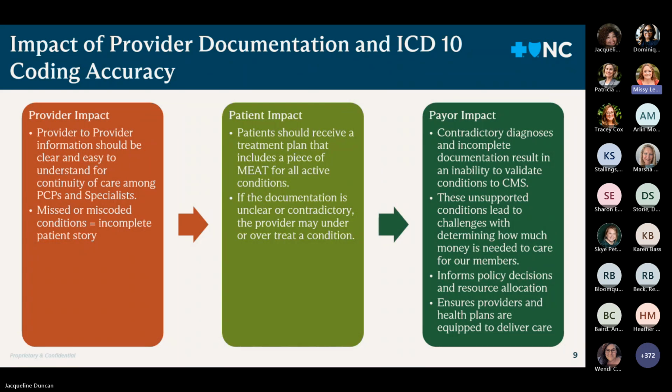For providers, precise information ensures continuity of care between PCPs and specialists, while missed or miscoded conditions leave gaps in the patient's story. For patients, every active condition should have a treatment plan supported by the MEET criteria: monitor, evaluate, assess, and treat. Unclear or contradictory documentation can lead to under or over treatment.